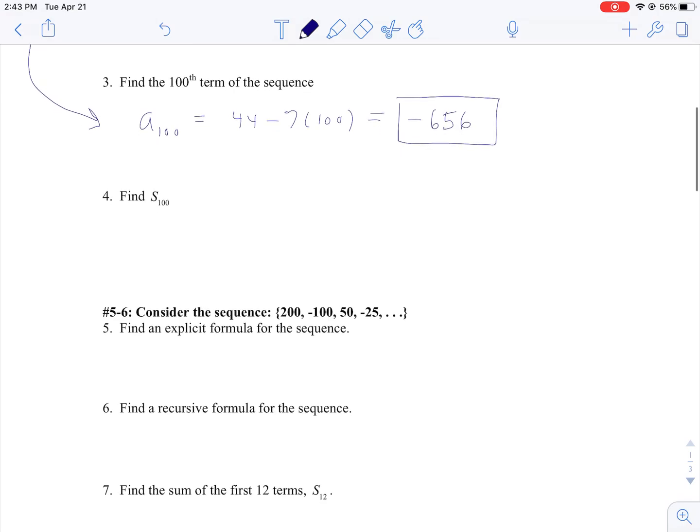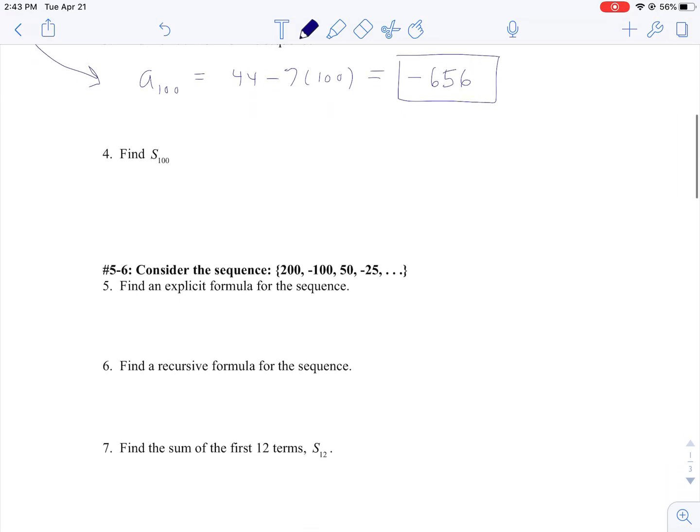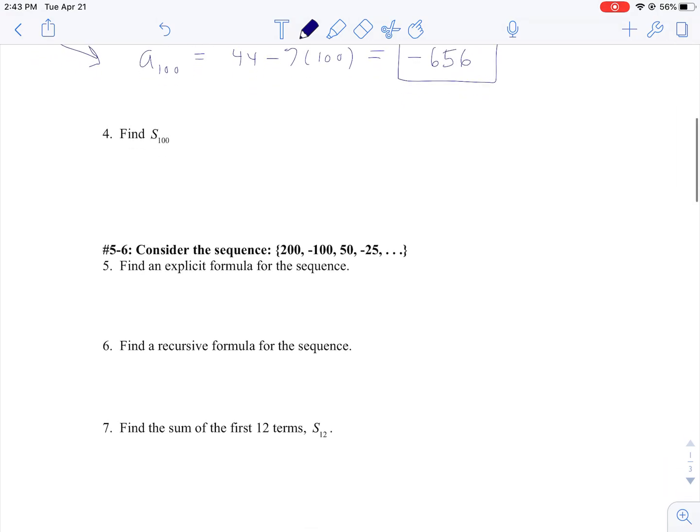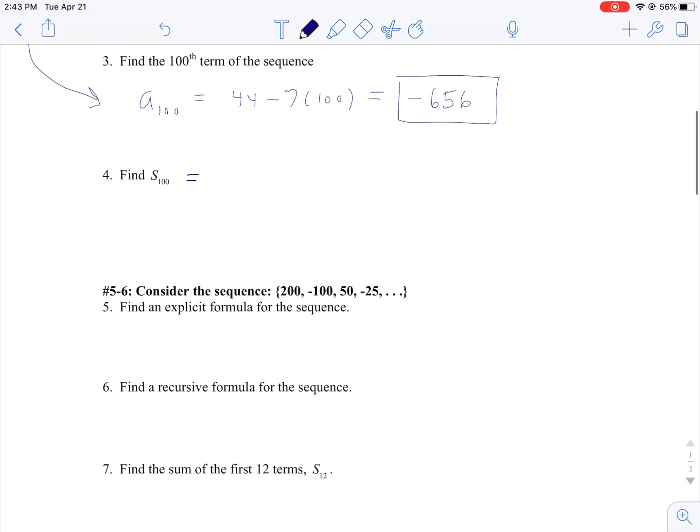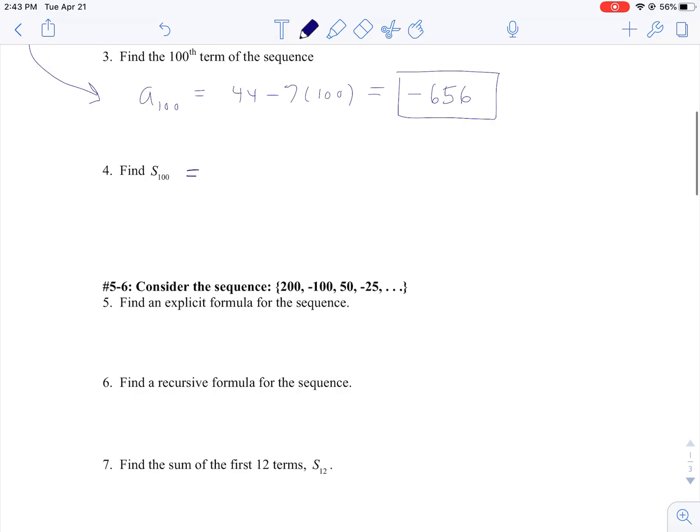And then finally, S sub 100 means add up the first 100 terms. There's a couple ways. I'm going to use the second formula for arithmetic sums. Both of them look fairly familiar, but it's the first term, and then you double the first term.